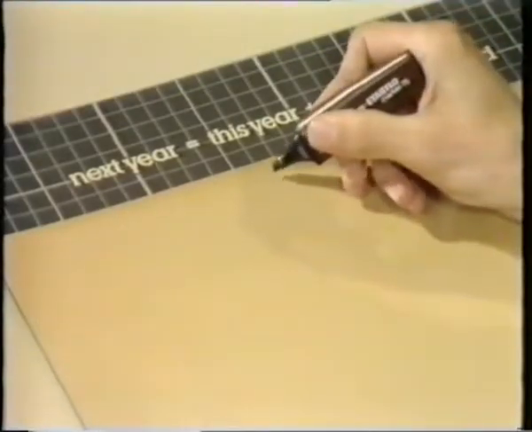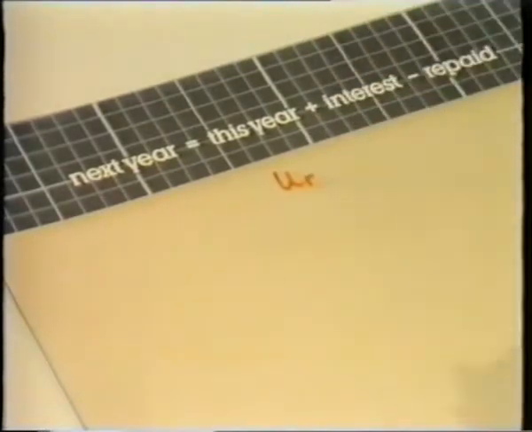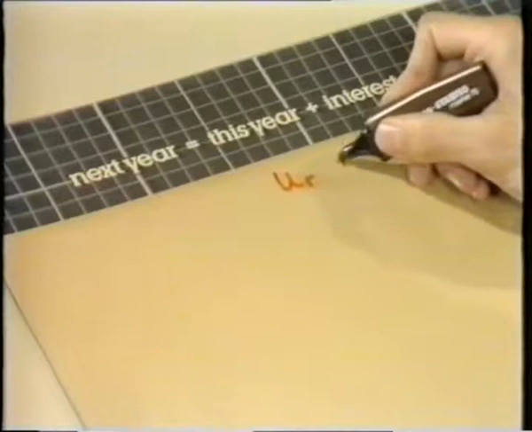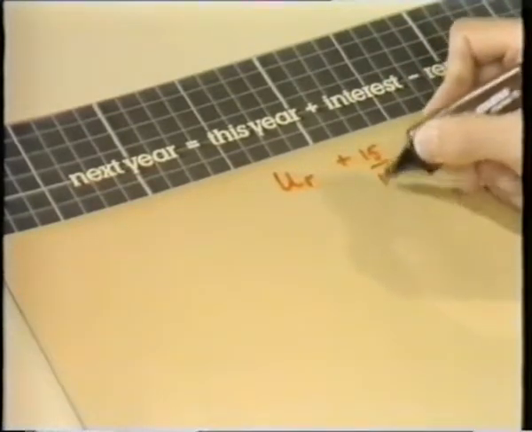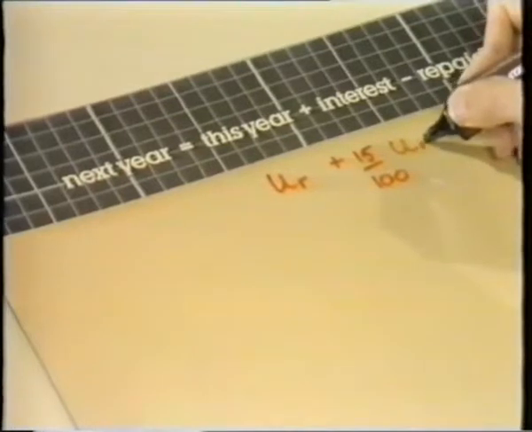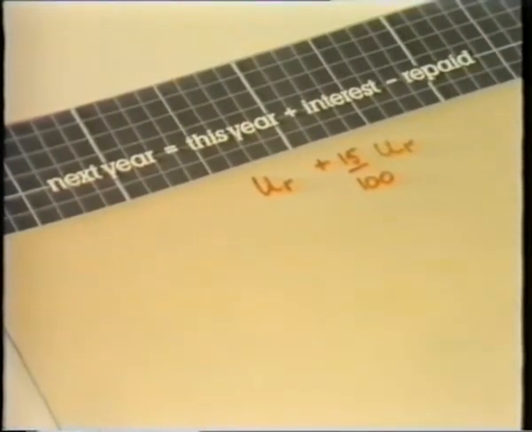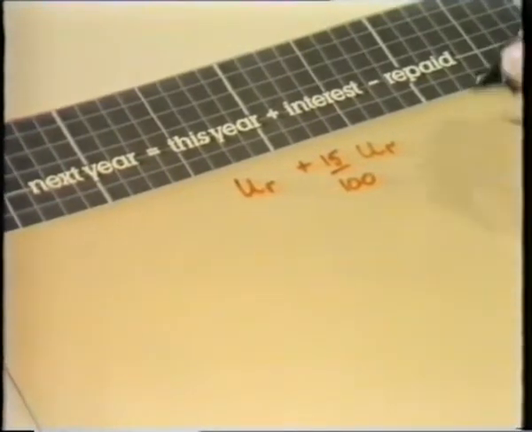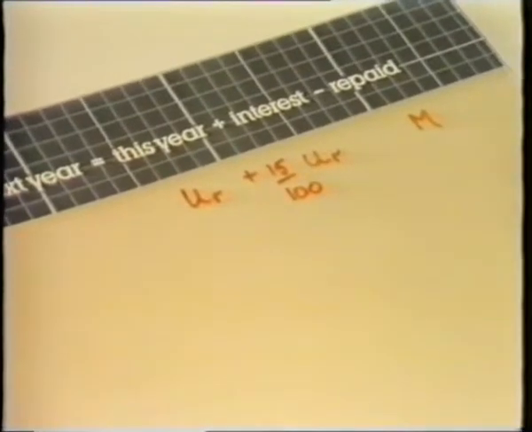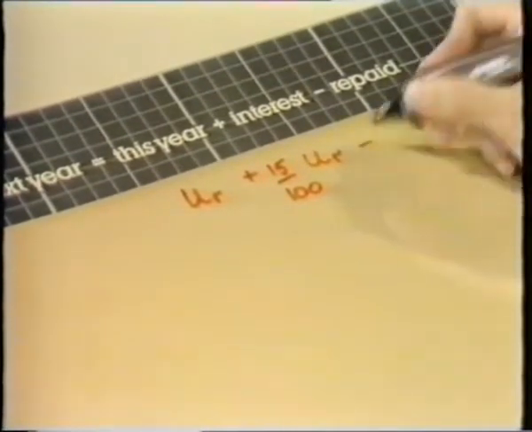Now, we have a relationship between what we owe this year and what we owe next year, and that's going to give us a recurrence relation. If we let Un be the amount that we owe this year, then the interest is just 1/1500 of Un, and the repayments, so that we can work out what the monthly repayment is, we'll call it M. And since we make 12 of these, we're going to subtract off 12M.